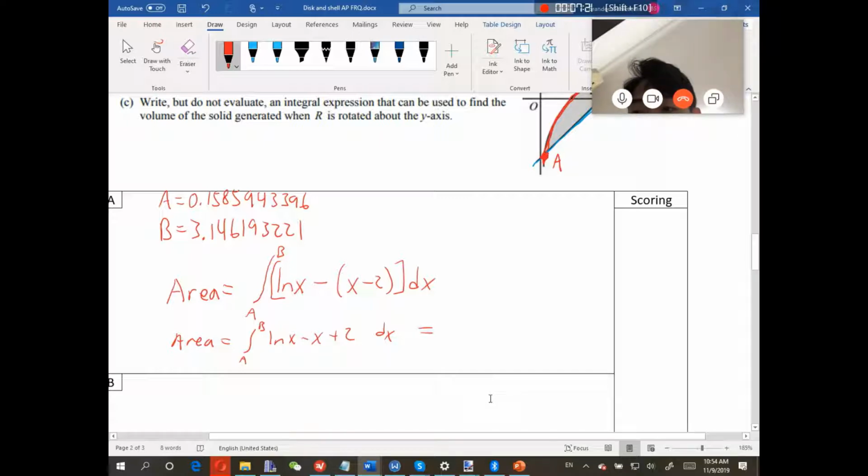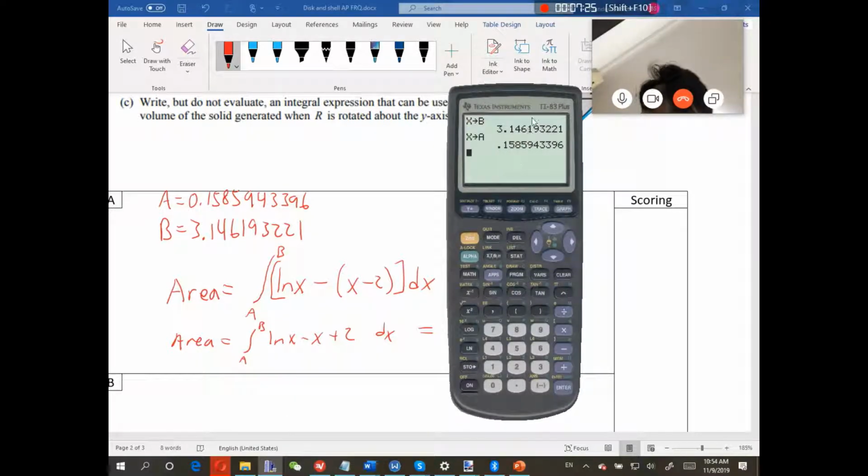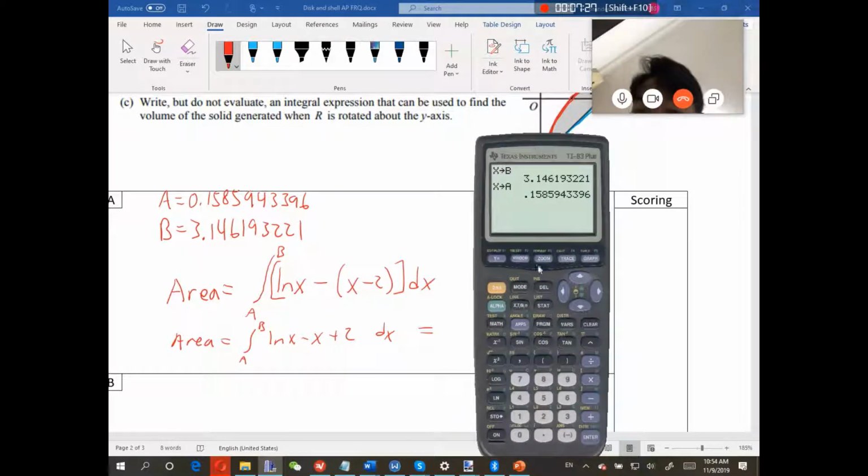Okay. Again, we do have a calculator for this one. So I'm going to do this in the calculator. And I actually already have, if I show you, y1 is ln x, y2 is x minus 2. So I'm going to integrate using that. So that's math integrate. Our equation, variables, y variables, function y1, that's my natural log, minus variables, y variables, function y2.